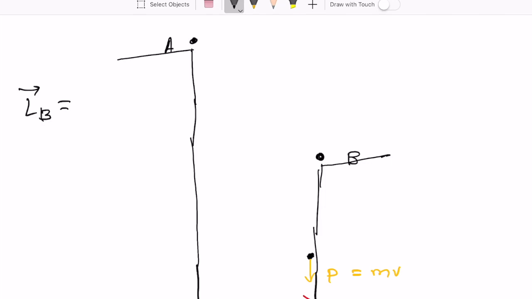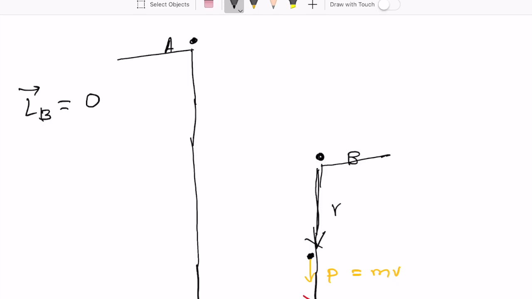The r as measured from B is this distance. That's r. And so r cross p is obviously going to be 0 because the two vectors point in the same direction. So there is no angular momentum as measured by B.